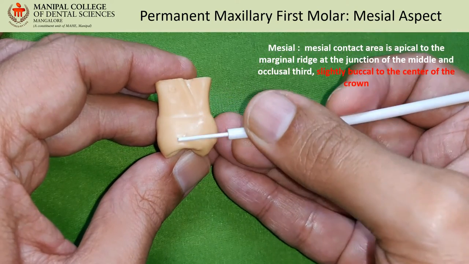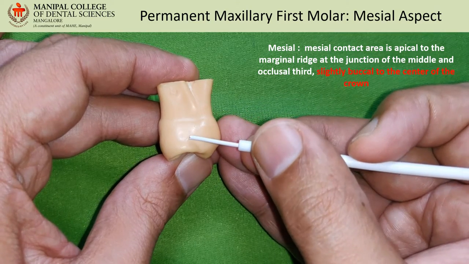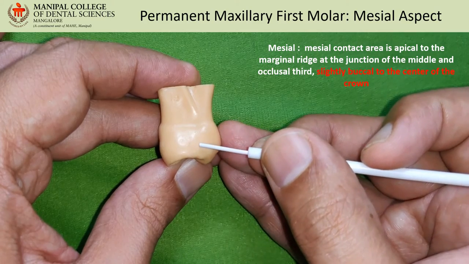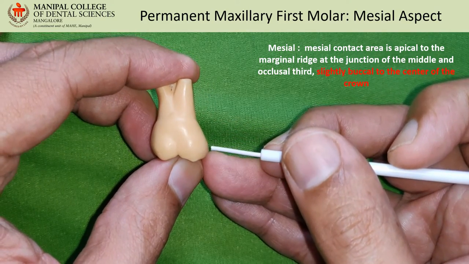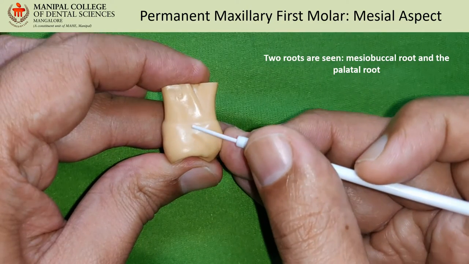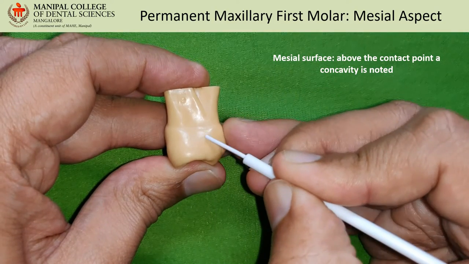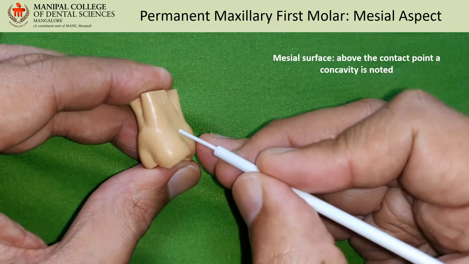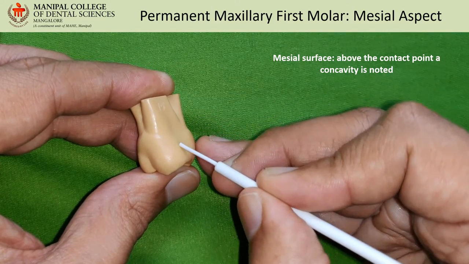Coming to the mesial surface, when you look at the mesial surface, the contact point is roughly at the junction of middle and occlusal third, which is the same which you noted from the buccal aspect. Above the contact point, in this region, you may find a concavity, which you can appreciate by tilting the specimen to an angle.